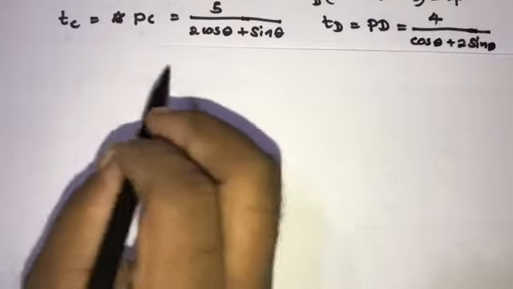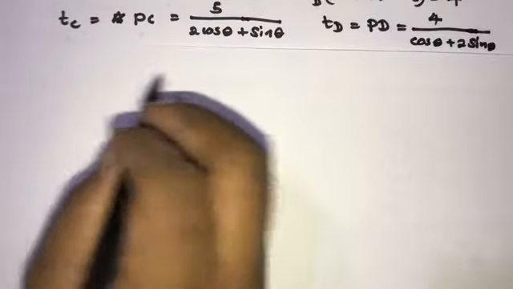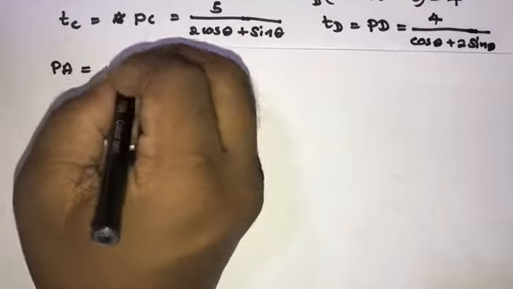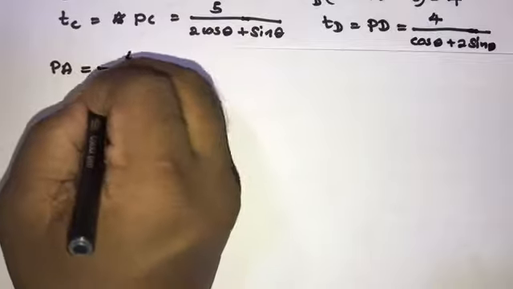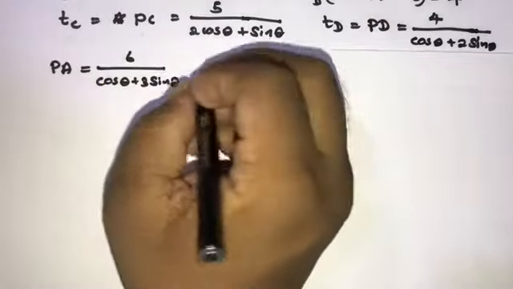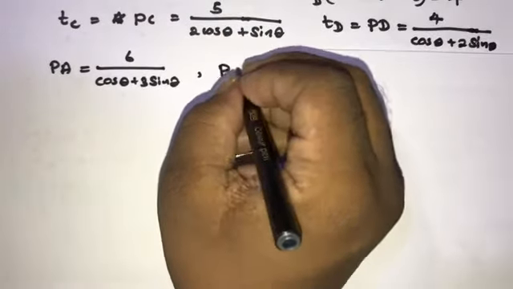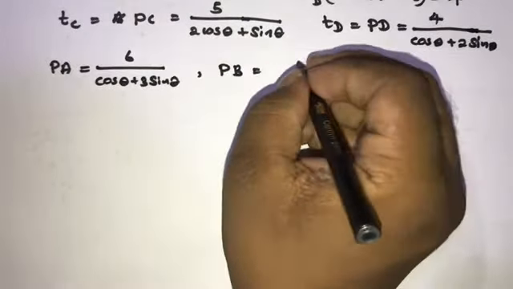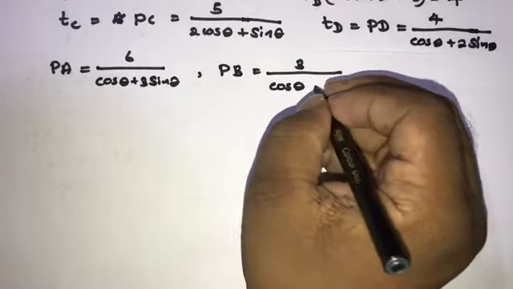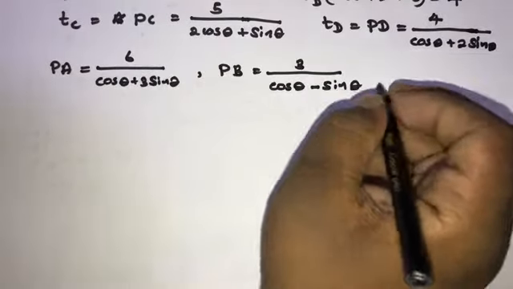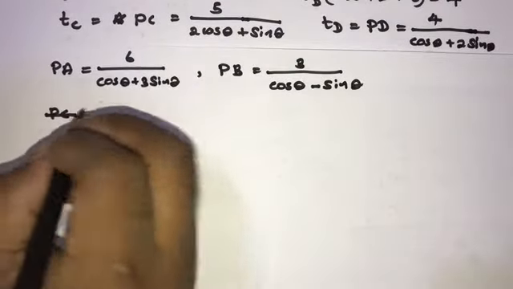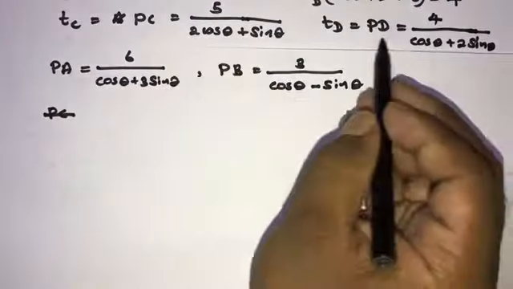Okay, now we found the distances of PA, PB, PC and PD. So PA is equal to 6 over cosine of theta plus 3 times sine of theta, and PB is equal to 3 over cosine of theta minus sine of theta, and PC and PD we have already.